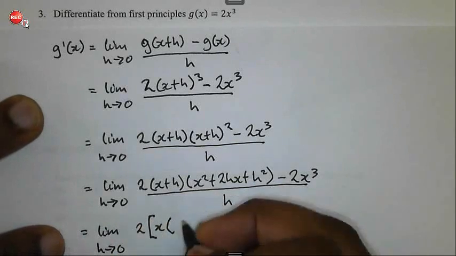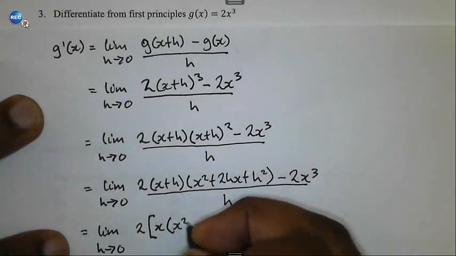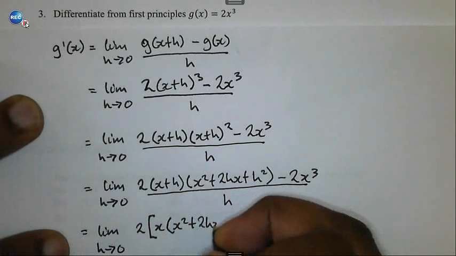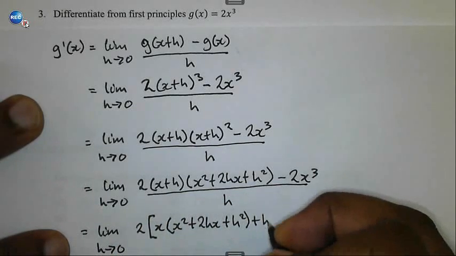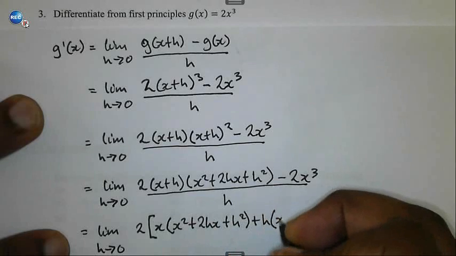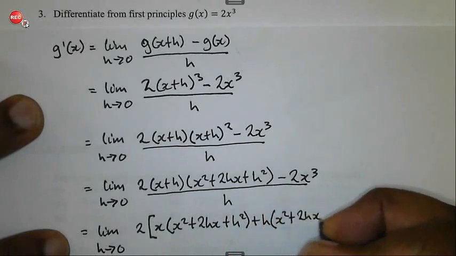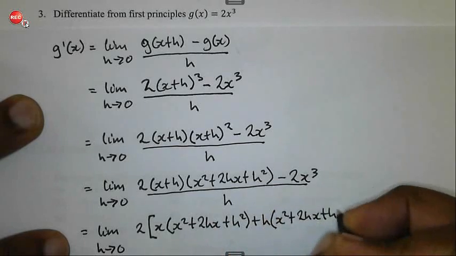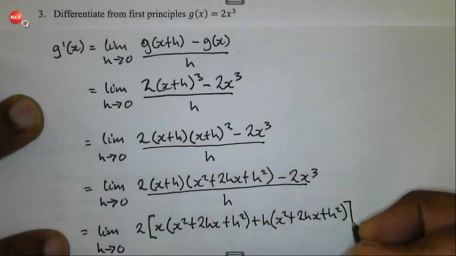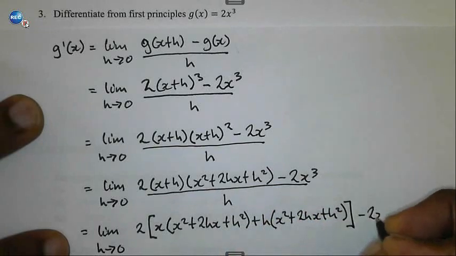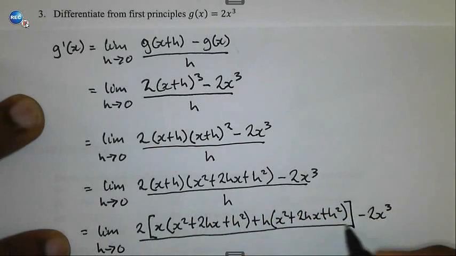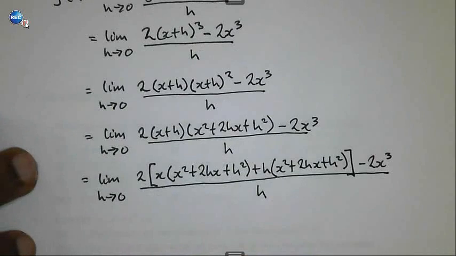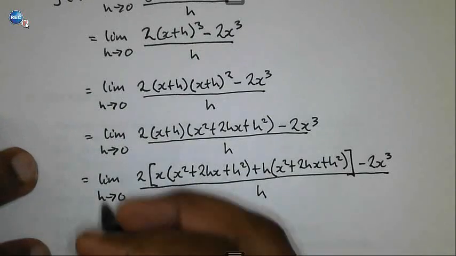So let's just do that. x squared plus hx plus h squared... plus h by x squared plus 2hx plus h squared, minus 2x to the power of 3, over h.